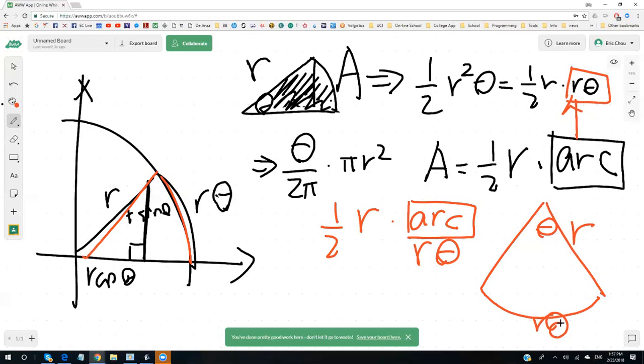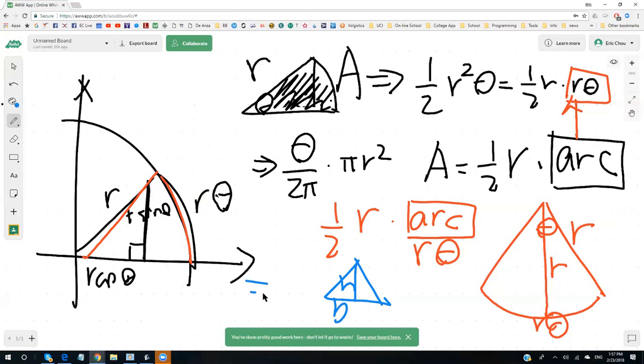Let me show you. Let me change to blue ink. It's actually like a triangle. You have a base, you have a height.